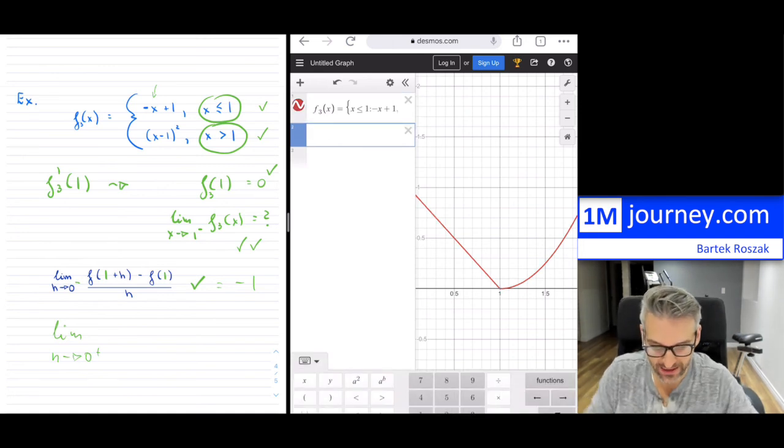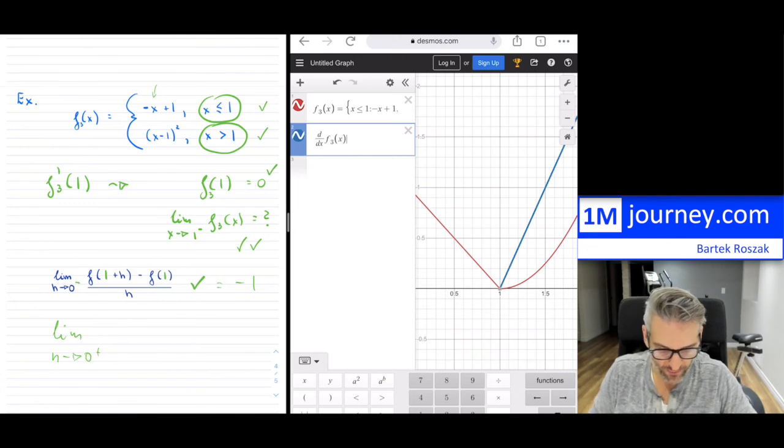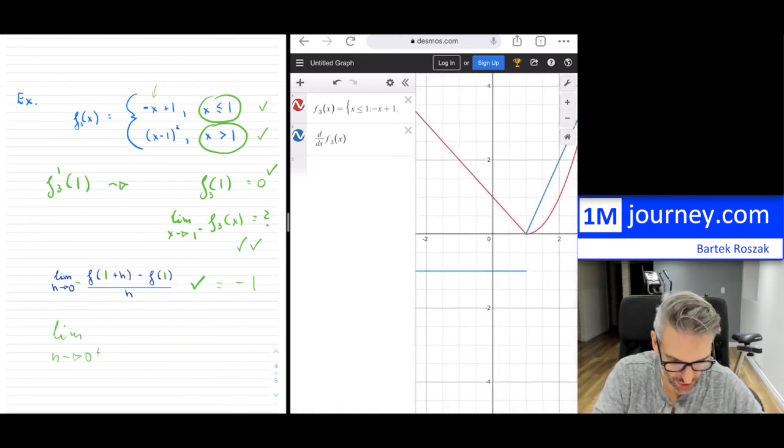Now, what's neat is that if you write d over dx, and then you put your function in, you will actually be able to find what the actual slope is. So here, let me just show you.